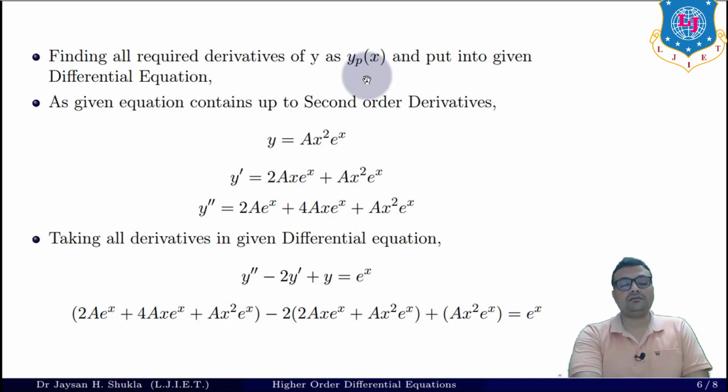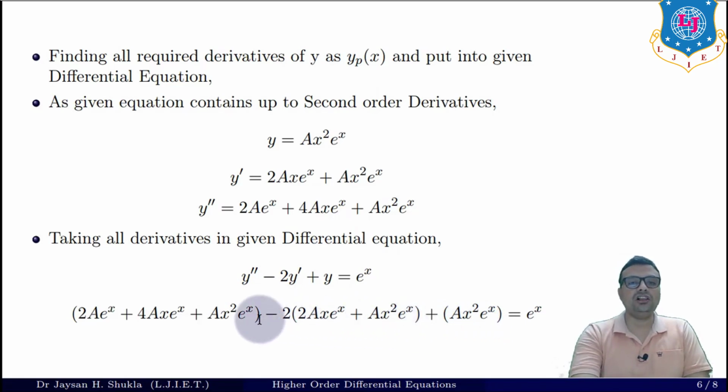Here I am using the multiplication rule for differentiation. Then I consider this y dash and y double dash in my equation. On the right hand side I have x e raised to x, and on the left hand side I have different possibilities like x square e raised to x, x e raised to x, and e raised to x.